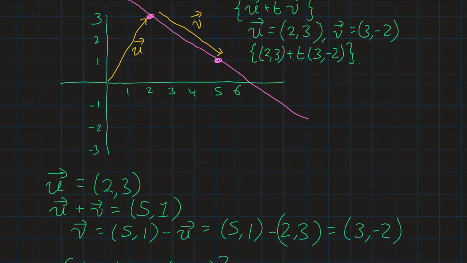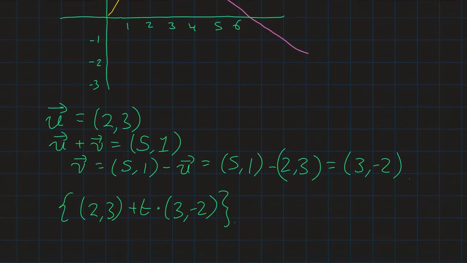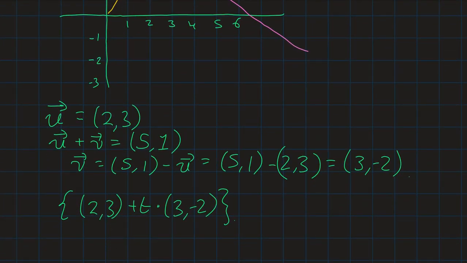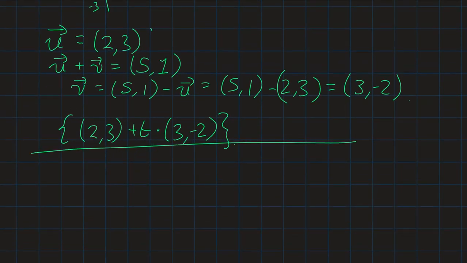The exact same answer. But notice, there's no reason why I had to choose u to be equal to this vector. I could have done this same question and let u be equal to (5, 1). And now you would have u plus v is equal to (2, 3).